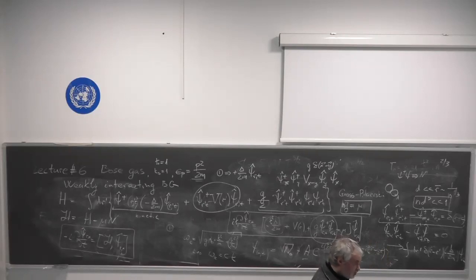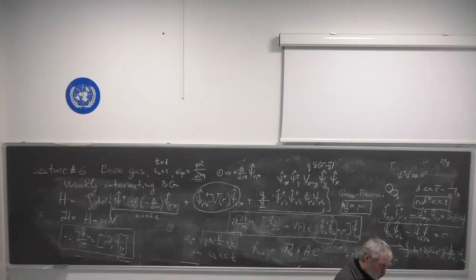This I would call mean field because you assume something about the density profile. By the way, did you have the Thomas-Fermi approximation in the advanced quantum mechanics course? We had it in electrons and phonons. Okay, so you know how to deal with this Thomas-Fermi.